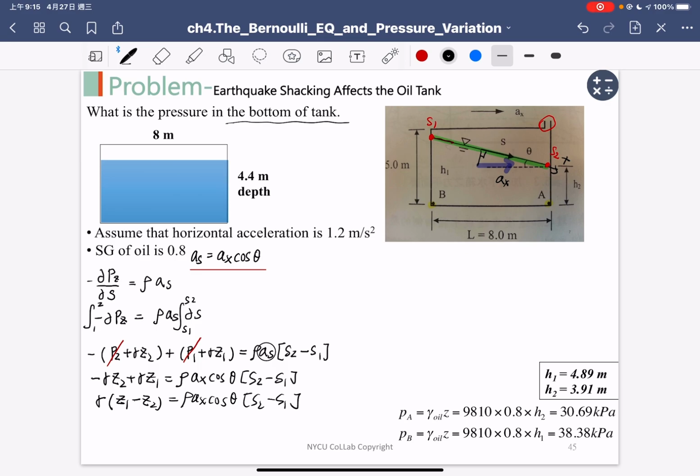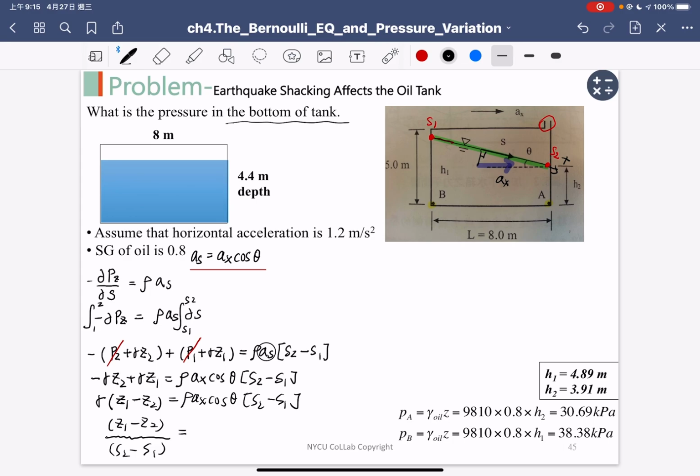Okay, so we know that gamma is equal to rho G, so we can cancel out the density. Then I just summarize, and you can put D1 minus D2 here, and on the right hand side we have streamline 2 minus streamline 1.